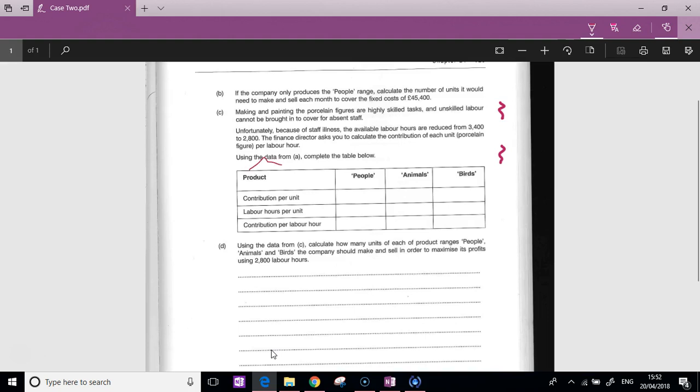Then it says that if the company only makes the people range, calculate the number of units it would need to cover fixed costs. So this is break even all over again, right? You have a fixed cost of 45,400 divided by the selling price minus the variable cost. You know the selling price is 60, you know the variable cost is 30, so you can work out the break even. So work that out as well and write your figures out.